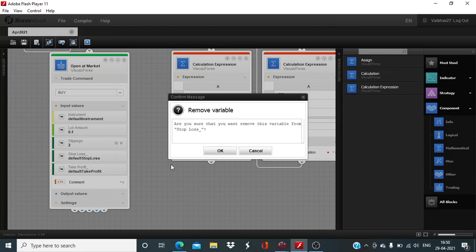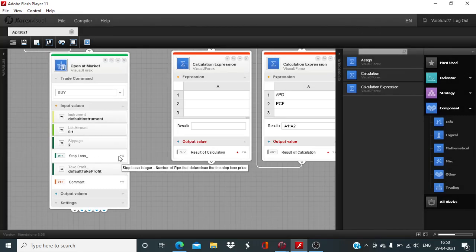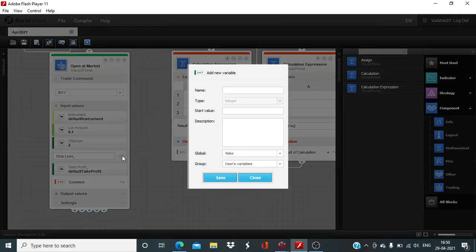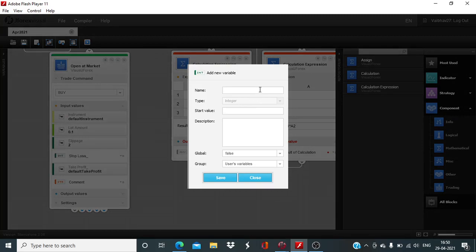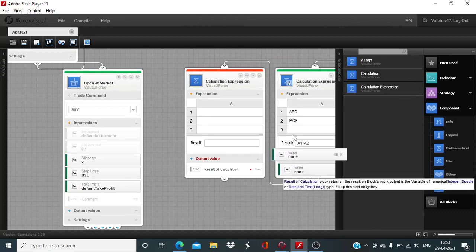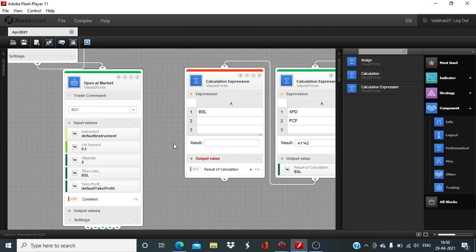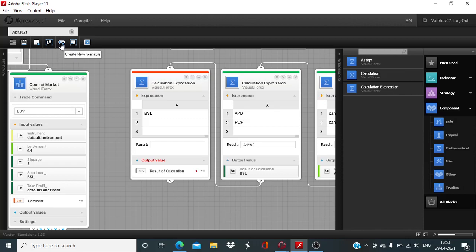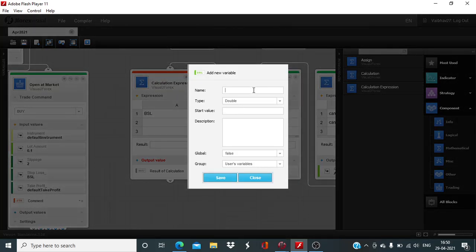Stop loss, I will create the variable here. And again we create a new variable with the start value of 2 named target price, TPC.